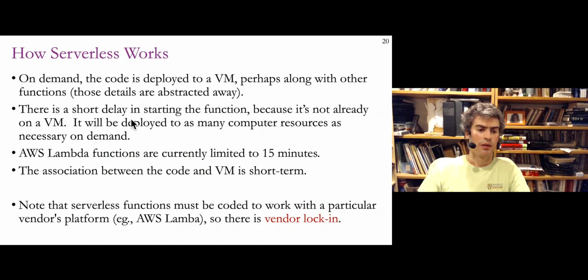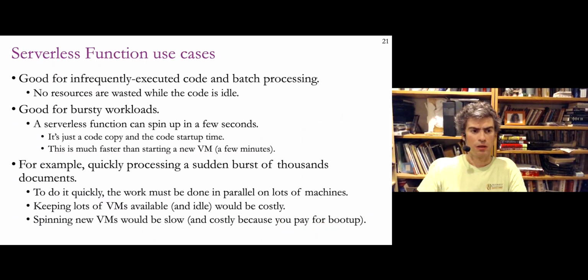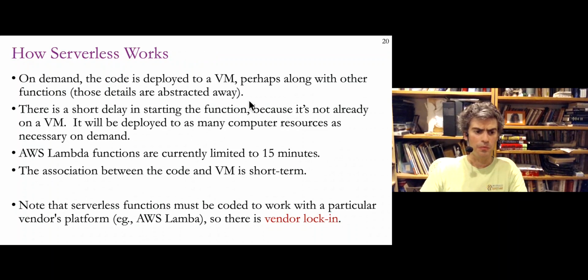You don't know where, you don't know how that happens. It just happens. There's a short delay before starting it because it has to copy your function code to a new machine and start it up. If your code is running repeatedly, then there would be no delay for running it a second or third time because the system would be smart enough to rerun it on the same machine where it was already installed. But that process happens pretty quickly.